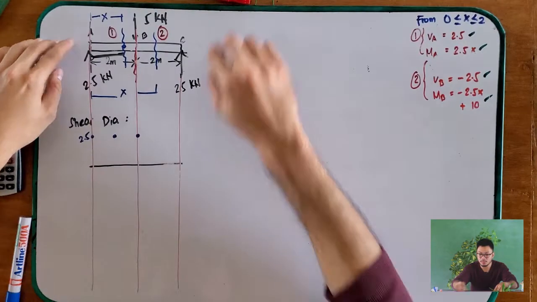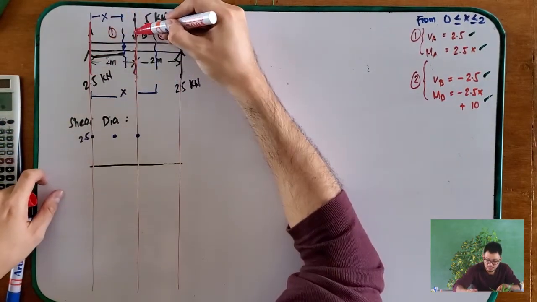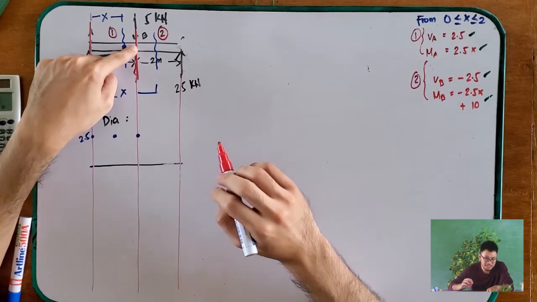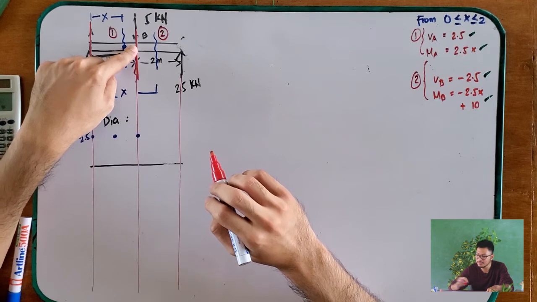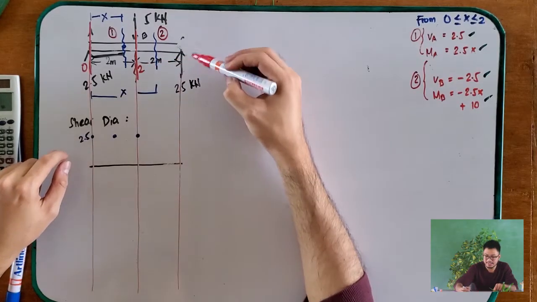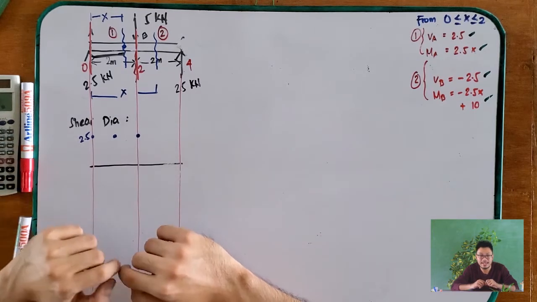Ang imong segment 1, diba, sa pagkat nimo kaganiha, nagsugod ka sa sinugdanan padung sa katong asa nag-change ang load. Okay? So, diha ra ka magamit ana. So, that is from 0 meters to 2 meters. And dire, 4 meters na ni siya dira. Okay? So, take note, ana.